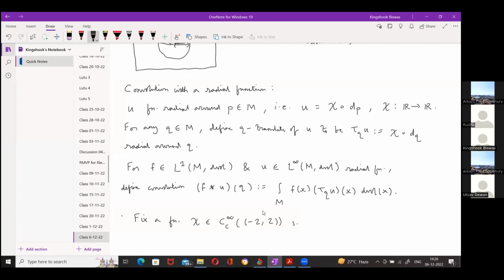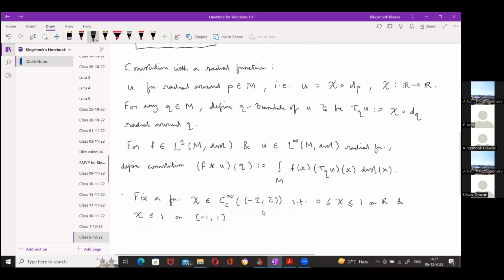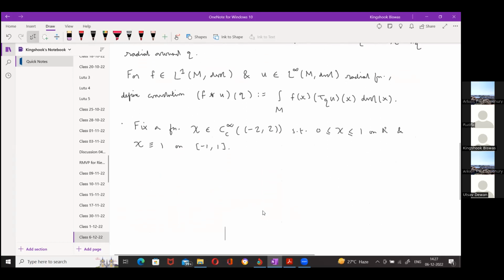Okay, a bump function basically, such that, say, 0 is less than or equal to chi is less than or equal to 1 on R, and chi is equal to 1 on the interval -1 to 1. Ah, right. Okay. So they're not doing exactly a convolution.